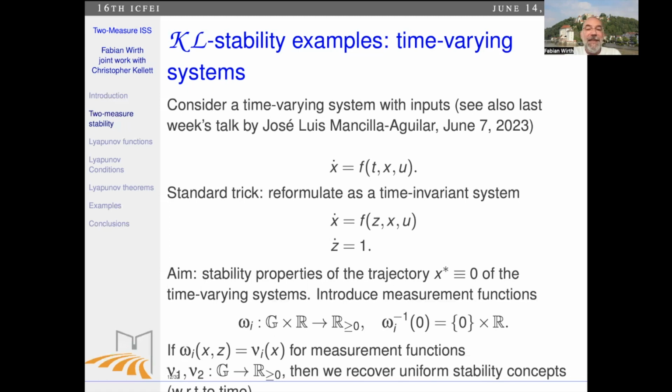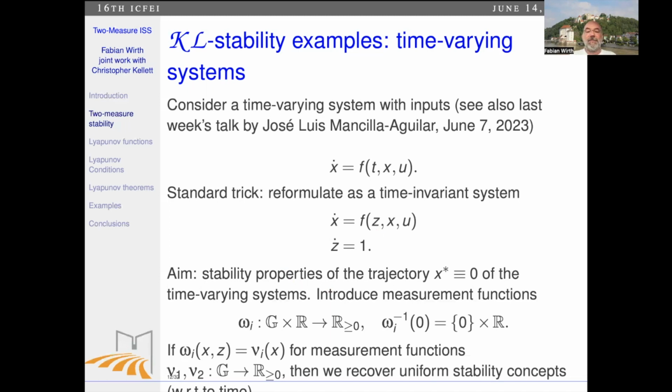The standard trick is, if you have a time-varying system, you introduce a new variable which takes the role of time and increase your state space. So instead of x dot is equal to f of t, x, u, we write x dot is equal to f of z, x, u, and z is a scalar variable with the property that z dot is equal to 1. So z essentially is time.